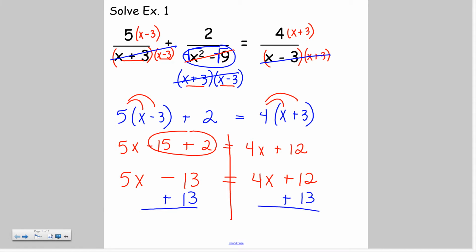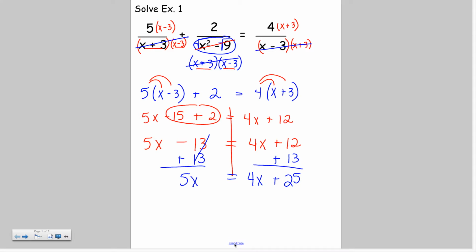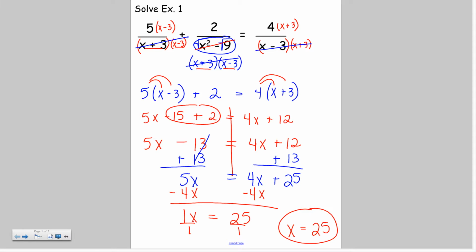You could have started with those x's. At this point I have to deal with my x's because I don't have any more like terms. So no matter what order you chose to solve this in, your answer should be 25.